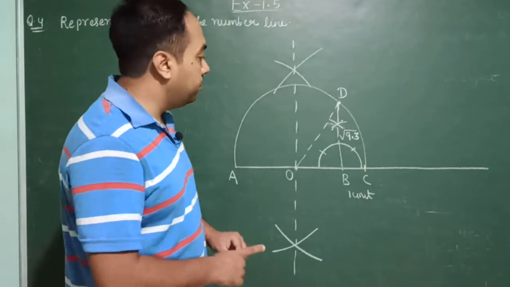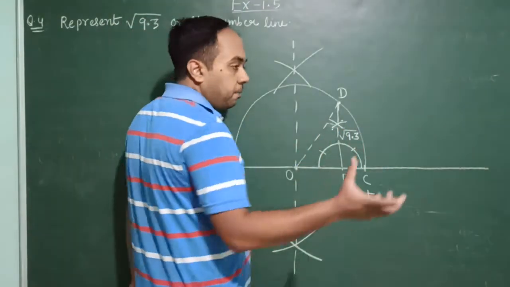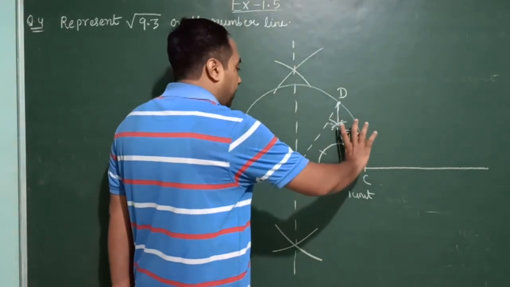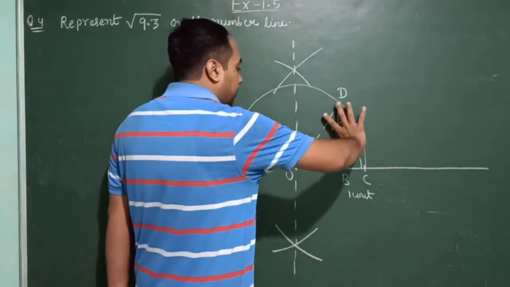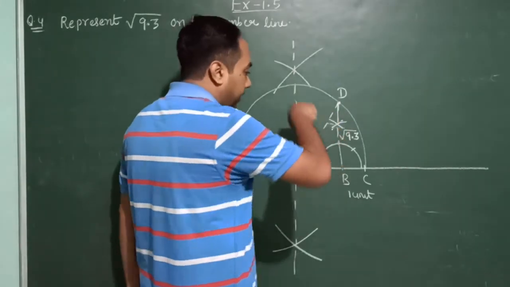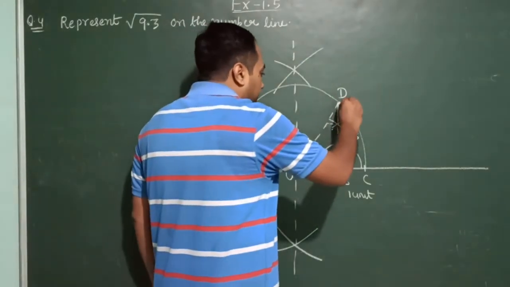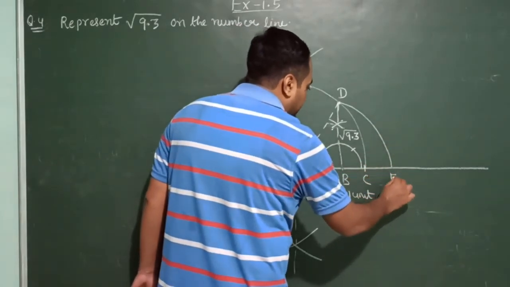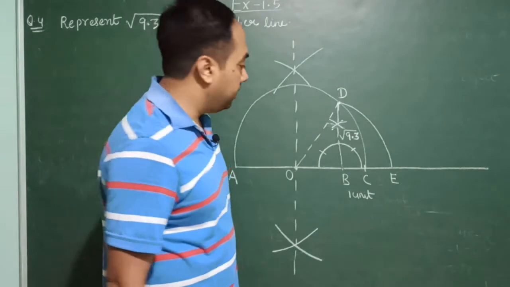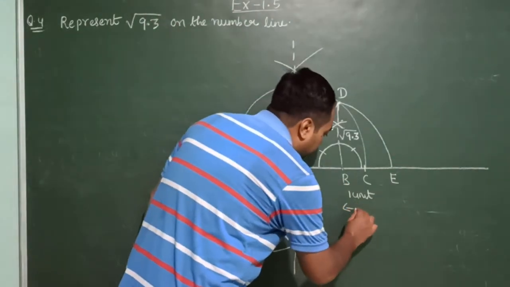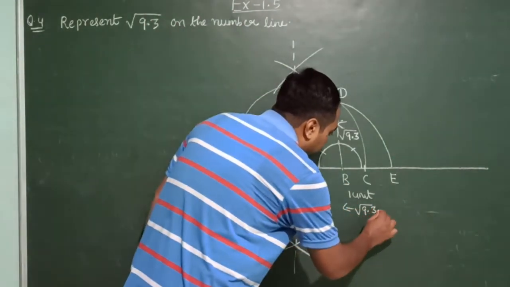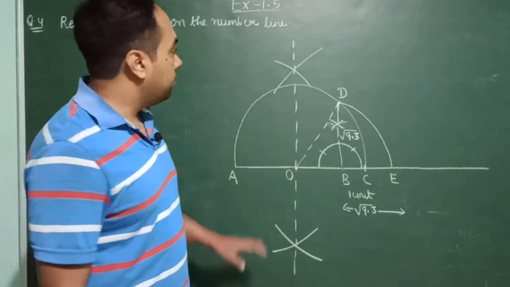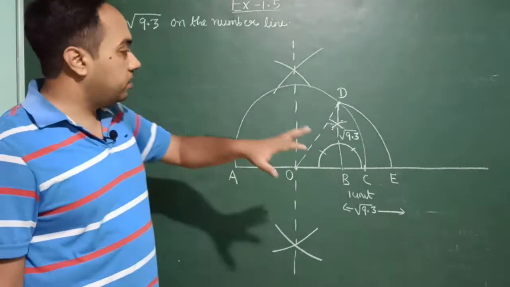For that, we'll again pick up the compass and place the needle of the compass at point B and pencil at point D. So with B as center and radius BD, we'll draw an arc which meets the number line at a point say E. So this BE will represent under root 9.3 on the number line. This is the way of representing under root 9.3 on the number line.